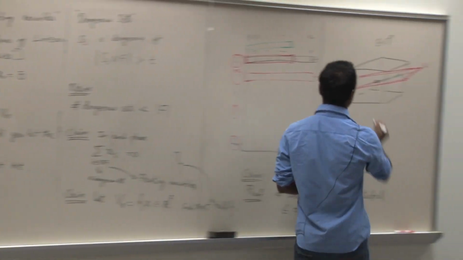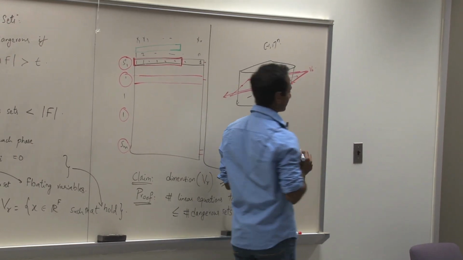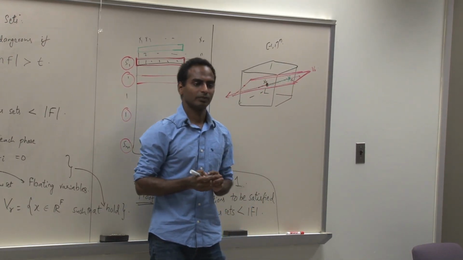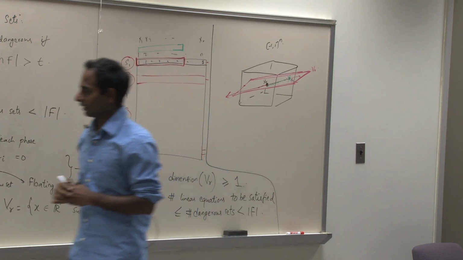So for our case, x0 was here. You move along the line, and x1 will be here. Okay, so that's your x1 now.